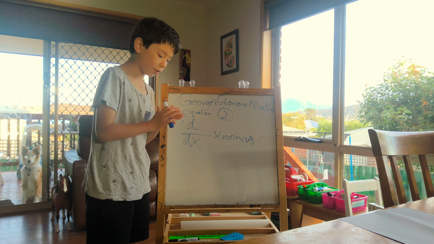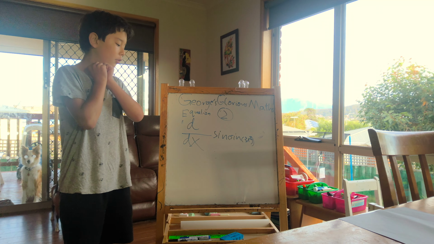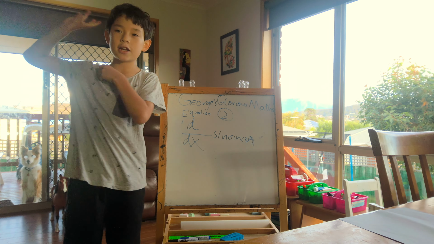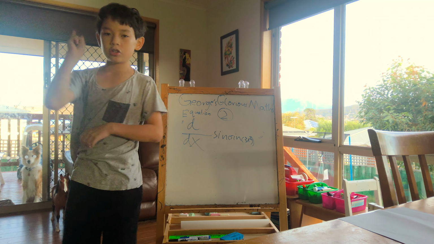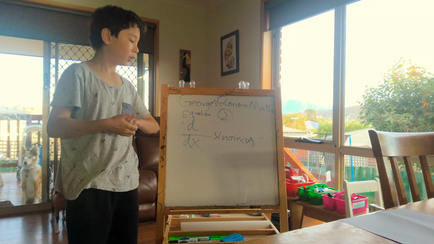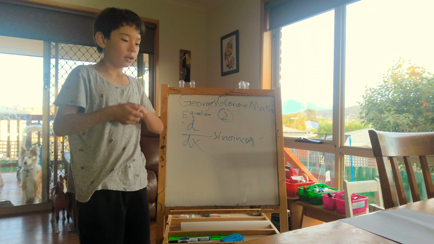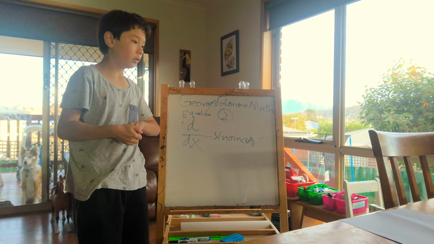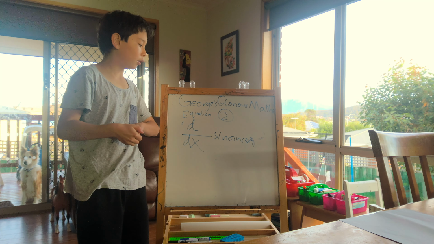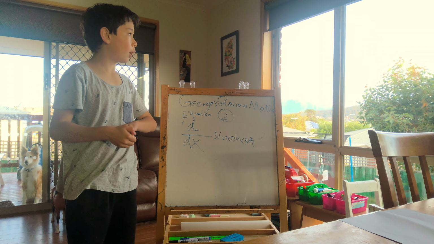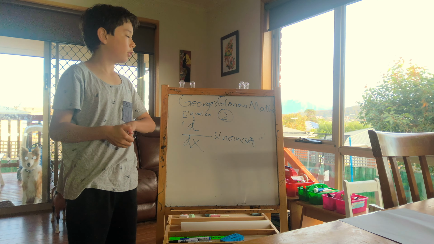So, next equation, the derivative of the sine of sine of 3x squared. We need to also use the chain rule, the triangle inside the triangle. Sine of 3x squared, the derivative of that is cosine of 3x squared multiplied by the inside derivative, which is 6x.